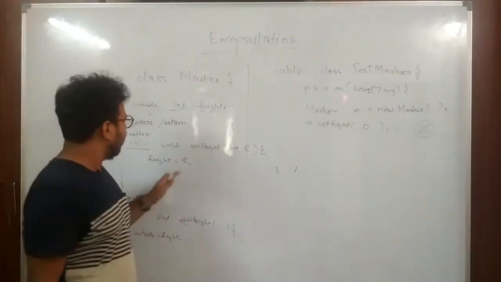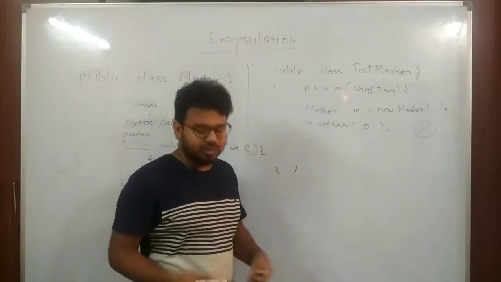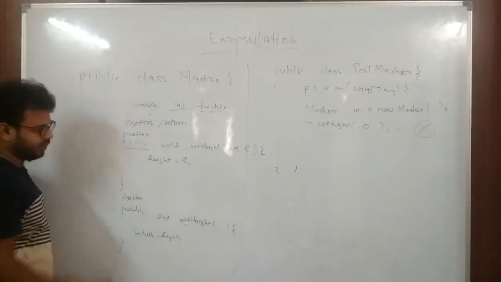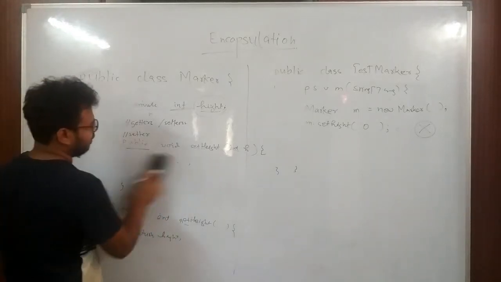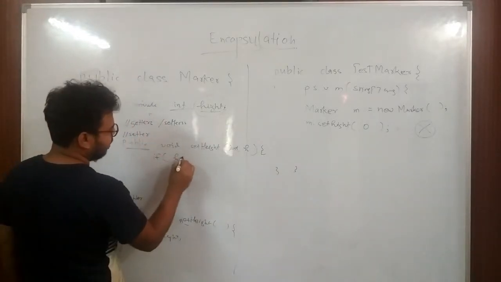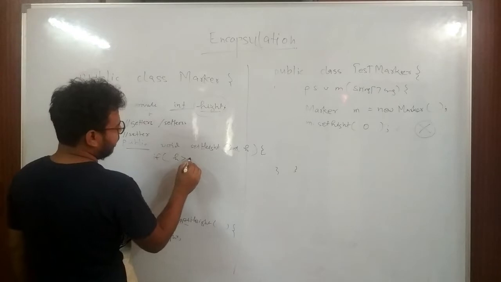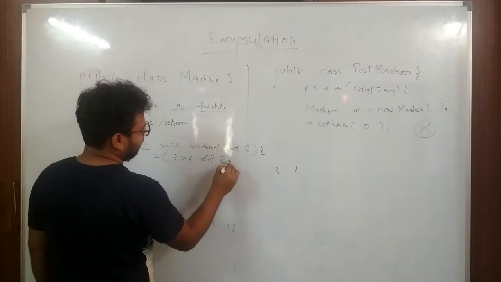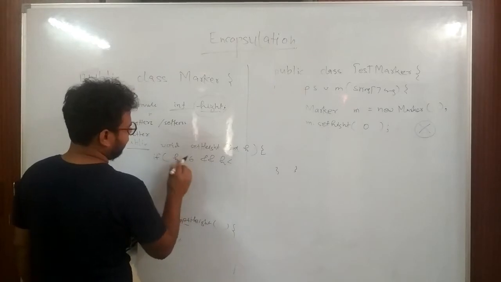So again, even after writing this method setHeight, we are not getting what we want to achieve. To achieve that, we have to modify our setter method here. We will restrict our height. How will we restrict? We will write it here as: if h, the value of this variable, is greater than 5 and h is less than 9.